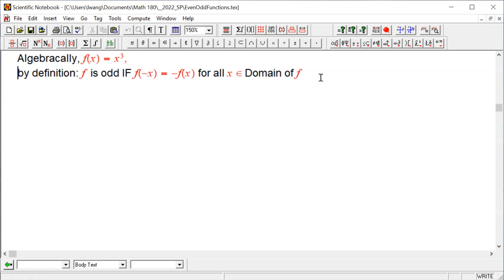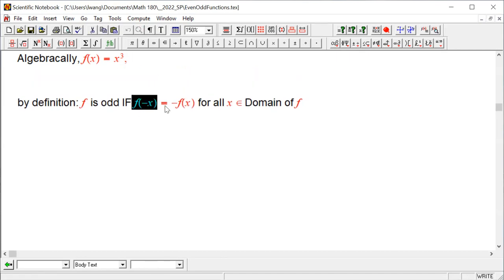By the odd function definition, we are going to check if these two are the same. So we're going to check f of negative x. By the rule of the function, it's just negative x raised to the power 3. So we end up with negative x times itself 3 times, and we get negative x raised to the power 3.